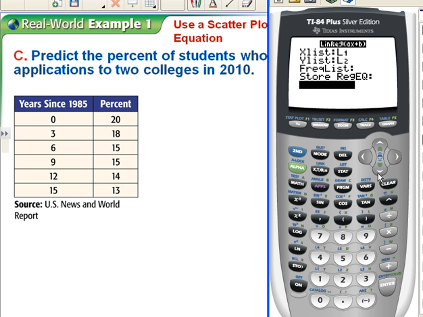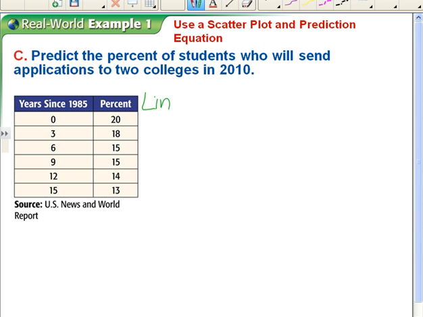On some of your calculators, it will say LinReg, and then you'll type in L1, comma, L2, close your parentheses, and then hit enter. Again, L1 is found by pressing second 1, comma is right above the 7, L2 is second 2.